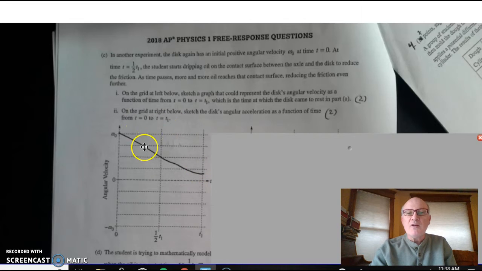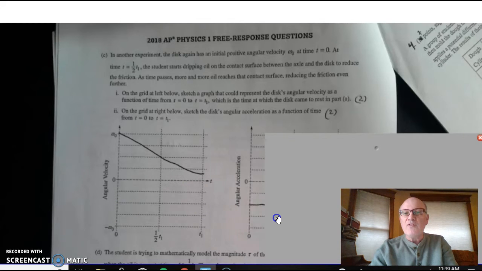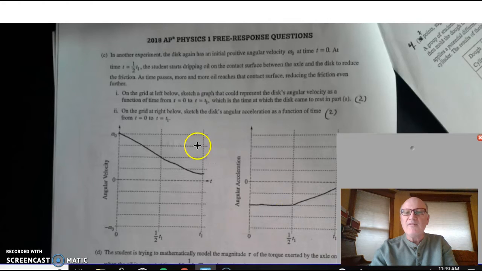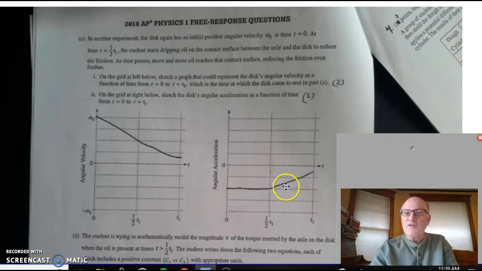What that means is that during the first half t1 seconds, the angular acceleration is going to be exactly the same as it was before, but then the slope of this would be less and less negative, possibly even getting to zero. So any kind of a graph that showed an angular acceleration that was the same out to half t1 and then less and less negative over time would get credit from me.